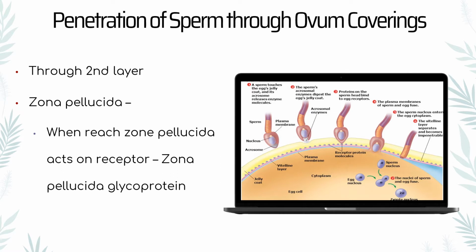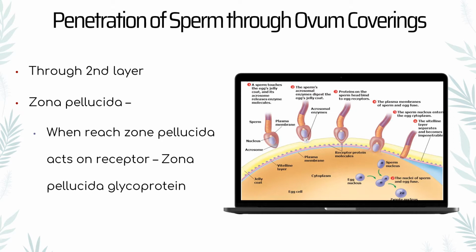After passing through the multilayered granulosa cells, that is the corona radiata, many sperms may contact the zona pellucida by binding to the receptor protein called zona pellucida glycoprotein, which is ZP3.